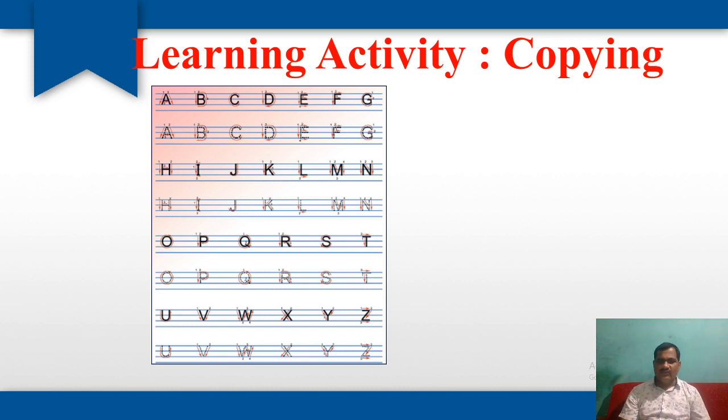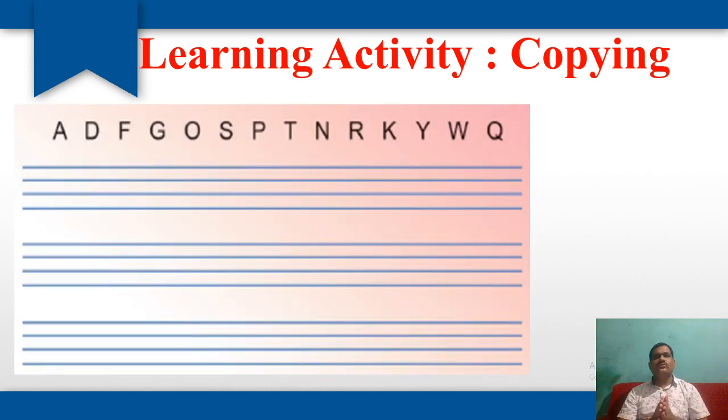The next thing, after development of these things, is writing the alphabets directly. There is no need of strokes. They can directly copy the alphabet and write it down in the unjoined form.